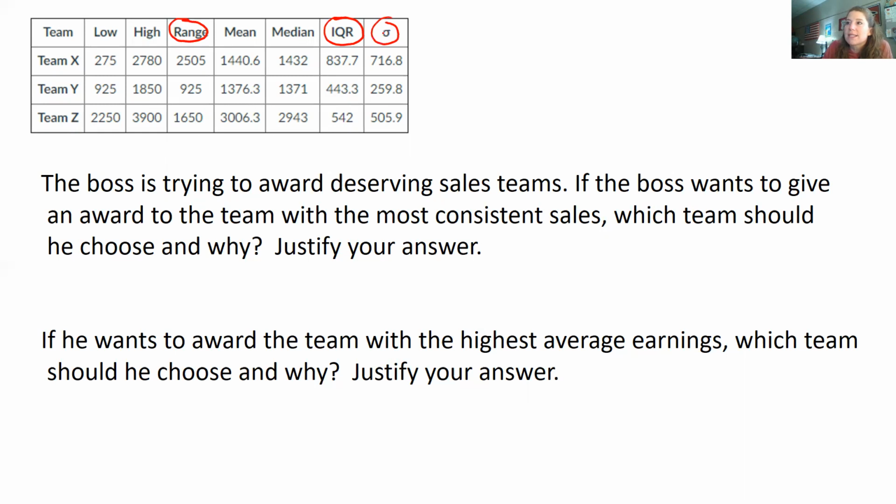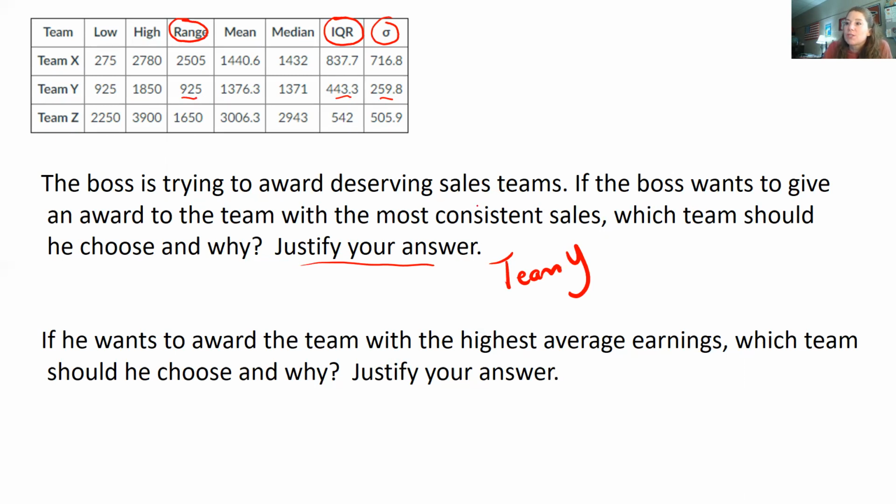So which team has the smallest of those three? Well, it looks like Team Y has the smallest range overall, the smallest interquartile range between the middle 50% of its data, and the smallest standard deviation, which means that Team Y has the most consistent sales, and to justify my answer, I would mention everything I just said.